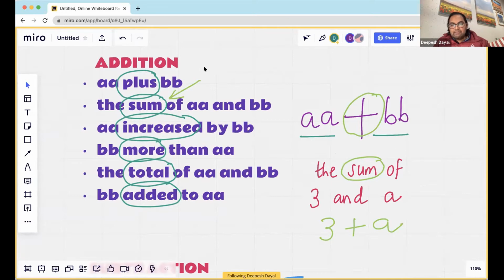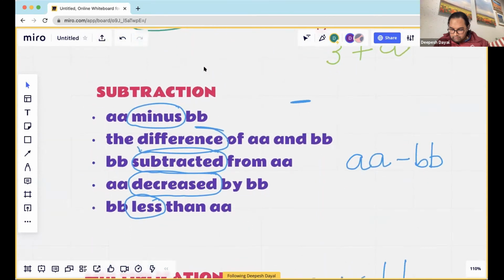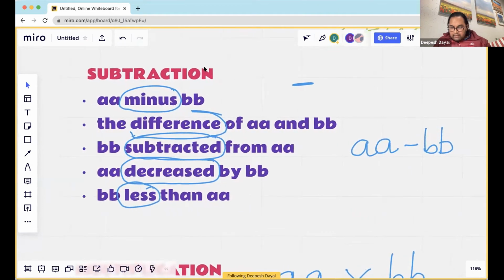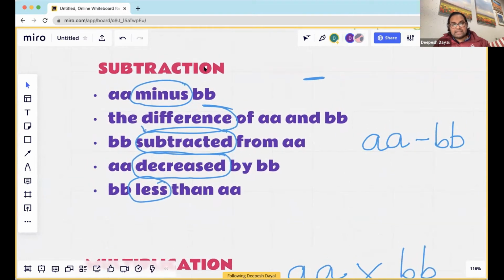And then we take the variable and the constant, or we can have multiple variables with constants, like numbers and variables together. Okay, so that's addition. Then we get subtraction, where we have the minus sign. Here we can get words like minus, difference, subtracted, decreased or less. Okay, so that was the second one.